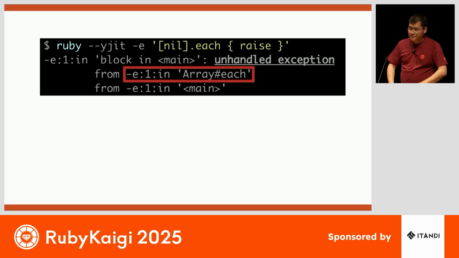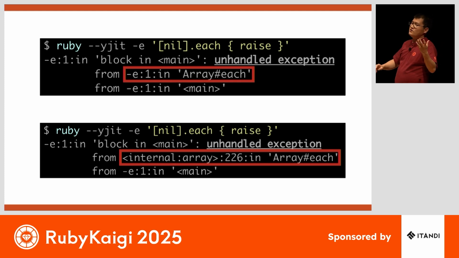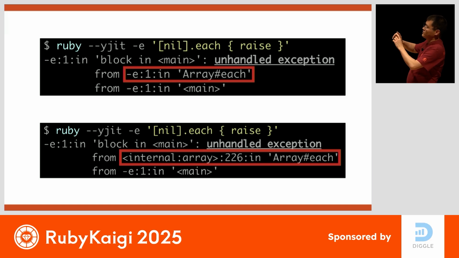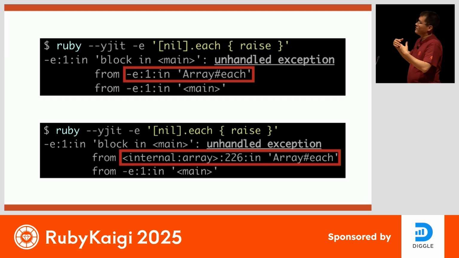However, what happens if we redefine that in Ruby is usually like this. The lower one is the version that defines Array#each in Ruby. When we re-implement something in Ruby, the backtrace has the Ruby file name. I mean, it's actually not the file name, just the internal array for core classes defined in Ruby, but the file name is going to be different.